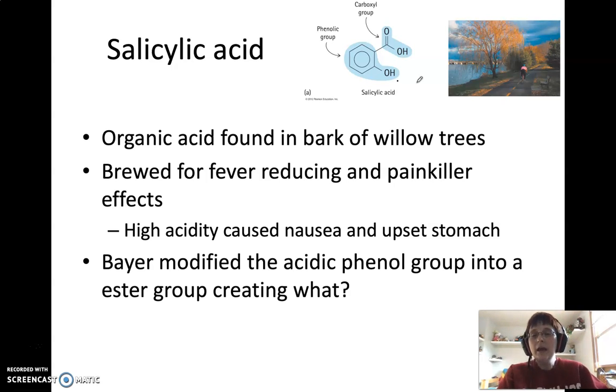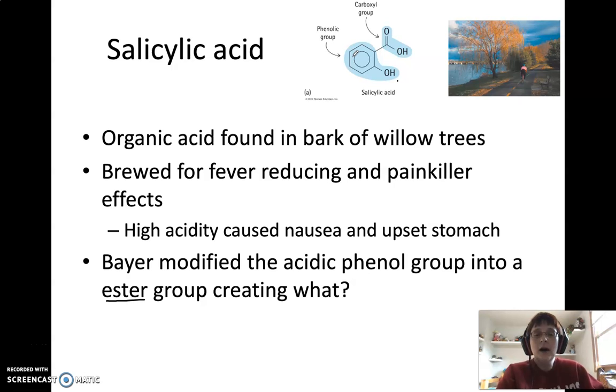But Bayer, the company Bayer, took this group and modified it into a different group, this ester group, which we won't talk much about either. But the ester group actually won't create an acidic environment, but gives you still the effect of the salicylic acid.